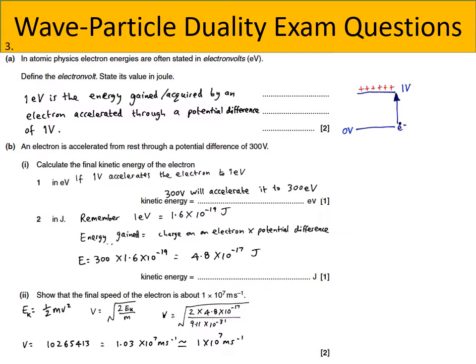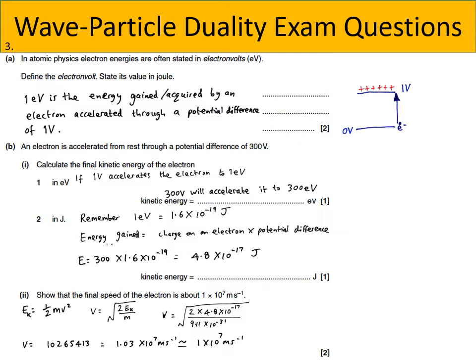Now, if it's a show question, as I said, I quite like those questions, because we can see where we're going or what we need to get to. We've got to find the answer to 3 significant figures if we want to show that it's equal to 1 times 10 to the power 7.